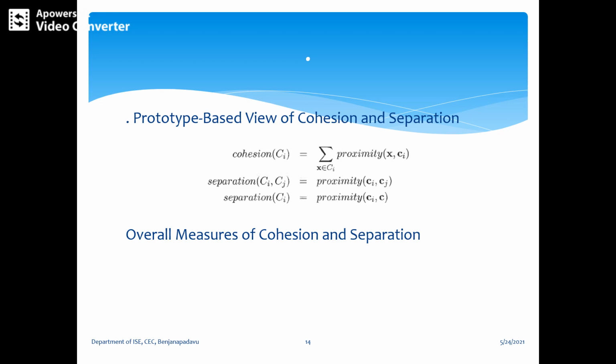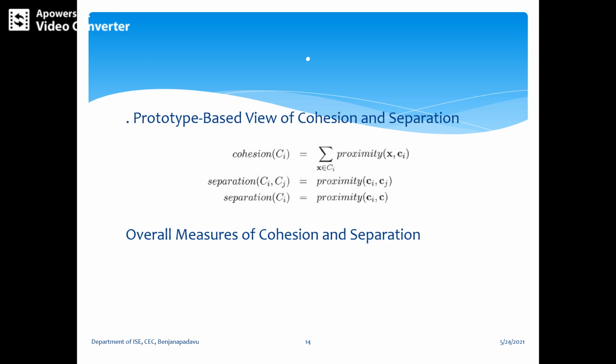Similarly, the separation between two clusters can be measured by the proximity of the two cluster prototypes. So this we can take as a plus symbol, as illustrated. Here Ci is the prototype centroid, C is the overall prototype centroid, and capital Ci is the number of clusters.